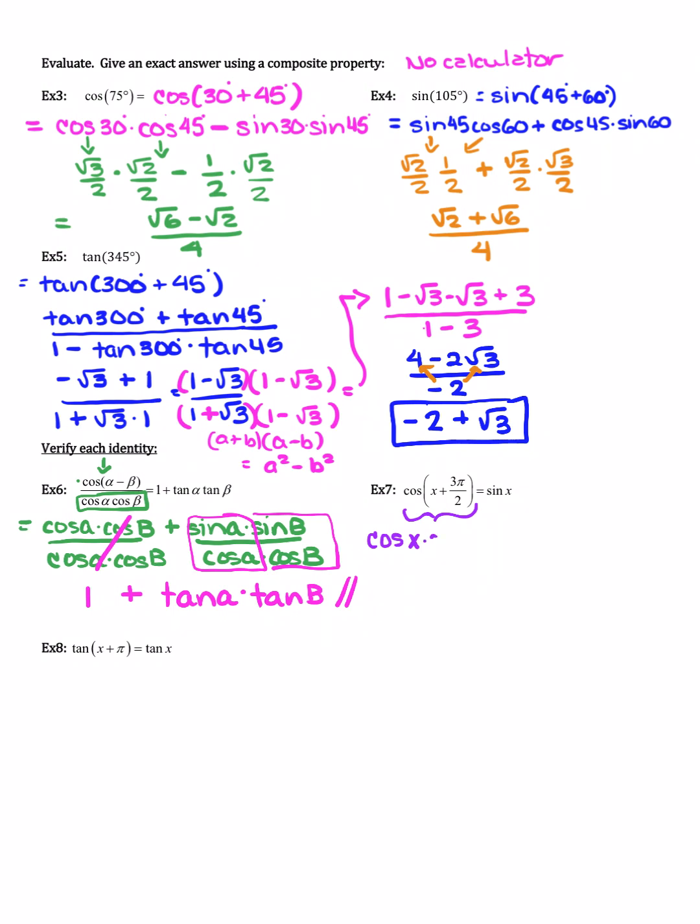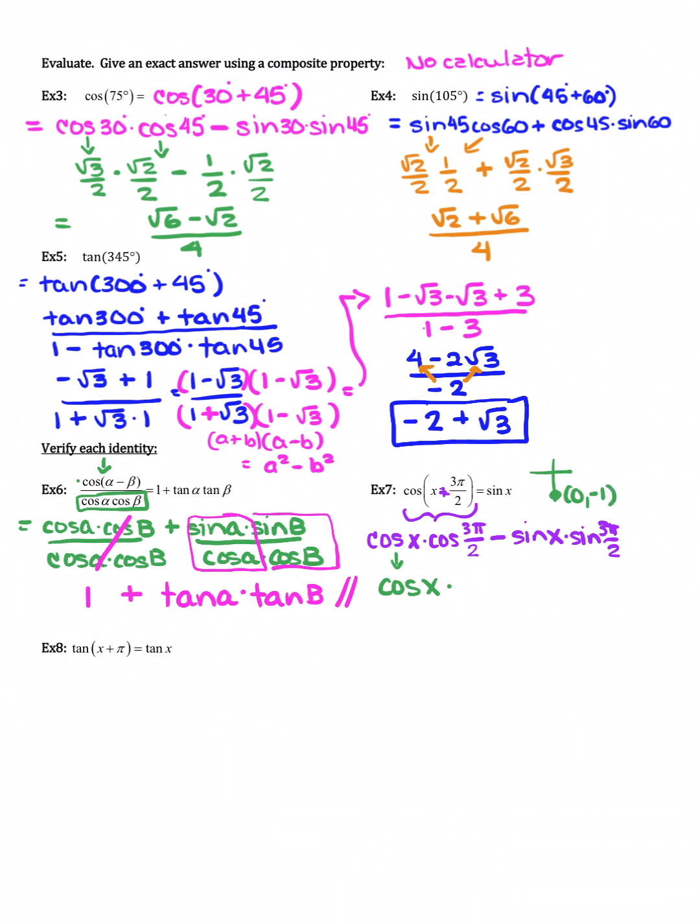So that's cosine x, cosine 3 pi over 2, which remember is like 270, minus opposite sign, sine x times sine 3 pi over 2, and now we evaluate. So cosine stays cosine, nothing you can do with that. Cosine of 3 pi over 2, well, at 270, remember this is 0, negative 1.